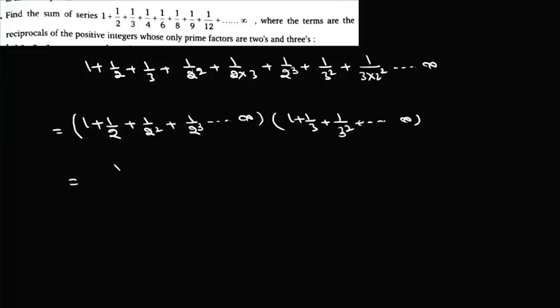So the sum of the first GP is a upon 1 minus r, into the sum of the second GP, which is a upon 1 minus 1 by 3. Now this is 2 into, and this is 3 by 2. So solving, this series is simply 3, and that is the answer to this question.